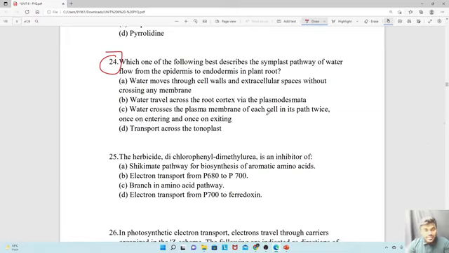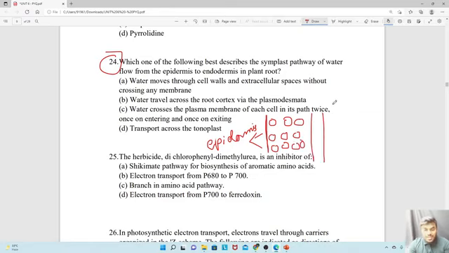Okay, so friends, all the students listen to me. This is the root hair, nothing but epidermis. Correct? After epidermis what is there? Cortex. Cortex contains what cells? Cortical cells. After that endodermis, after that xylem. This is what we study. Now what is the symplastic pathway?